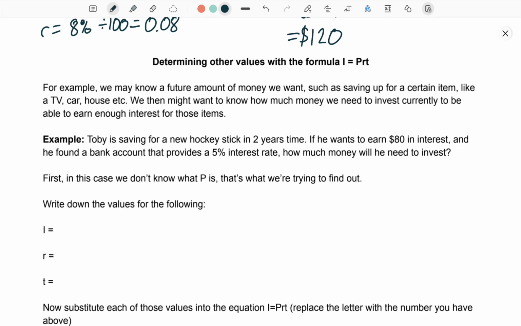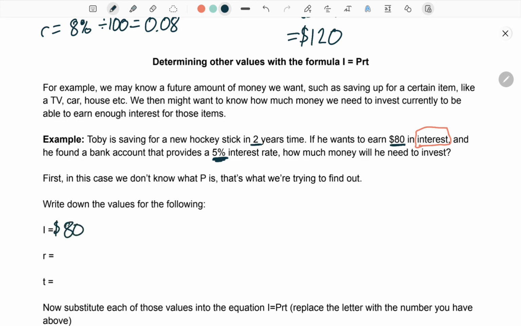Okay, so we want to write down the given values in this case. So we can start off with the fact that we have these three numbers, so 5%, $80 in interest over 2 years. This time, the dollar amount, that is the interest we want to earn. So that's going to actually be in the formula, the I part, so 80. $80 there.